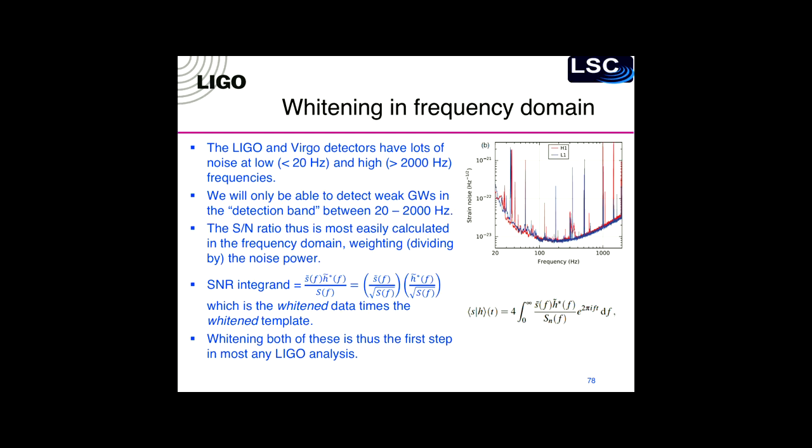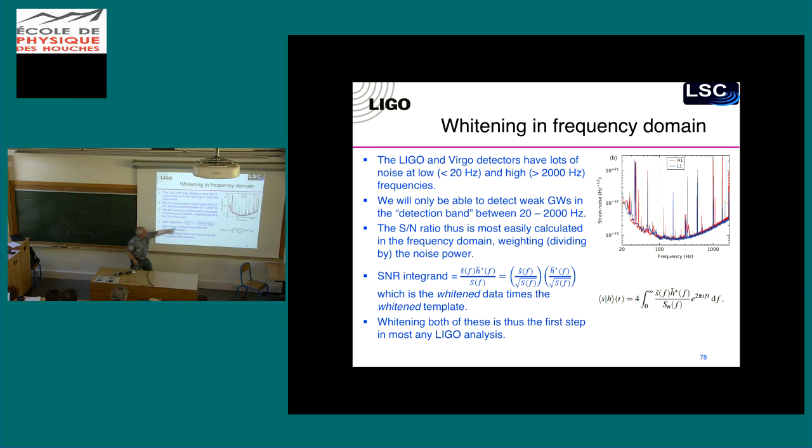Let's see. Oh, and what dividing by this does, this is the power spectral density, and the power spectral density is the square of the amplitude spectral density. So let's write it as the product of two powers of its square root. Here's one square root, here's another square root. Divide this square root into the template, and divide this square root into the data, which is noise plus signal.